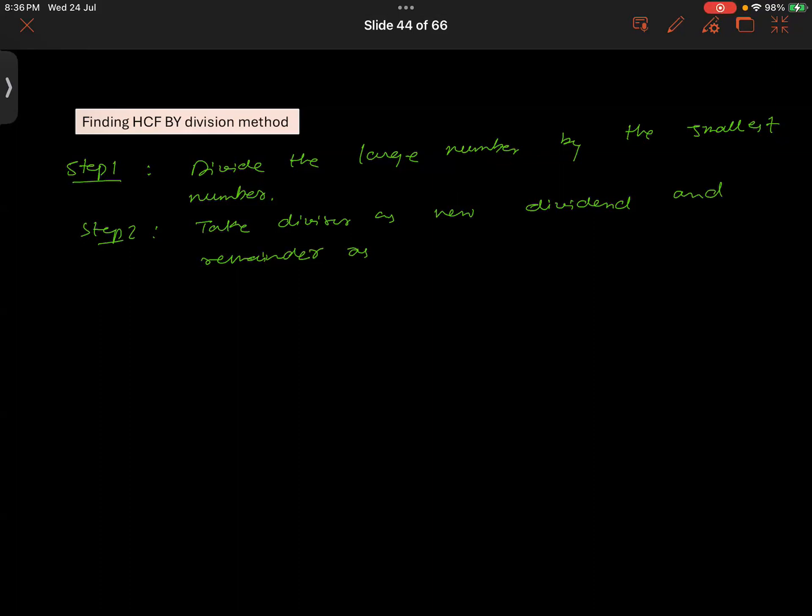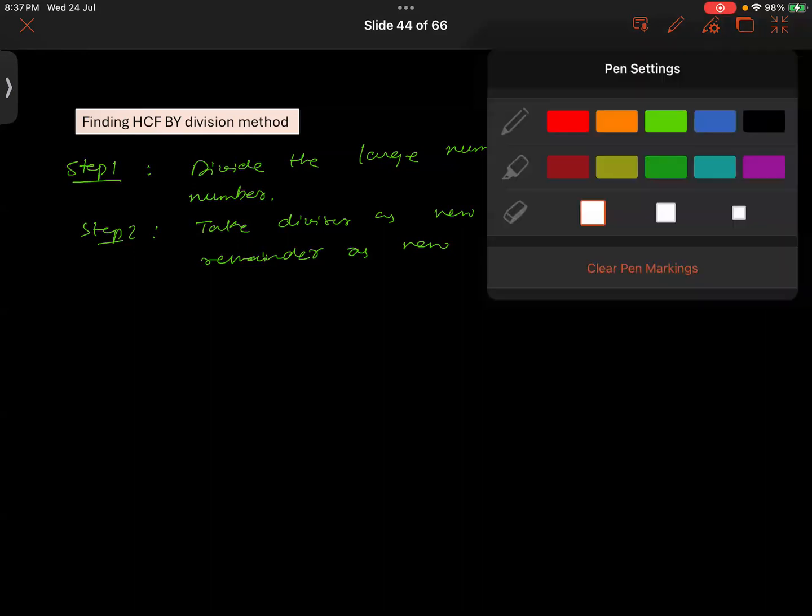That will be taken as the new divisor. Yes, good. Remainder as the new divisor. Okay.